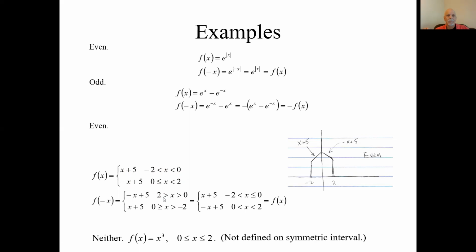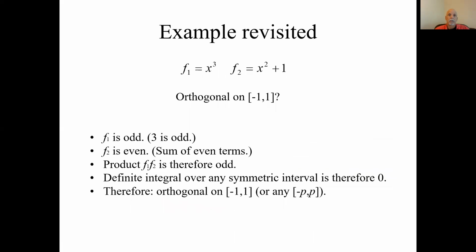It's a little confusing and tedious. So I think it's better to graph it. Here's another case. It's only defined from 0 to 2. If it's not even defined on a symmetric interval, it's neither even nor odd. This helps us simplify calculations sometimes.